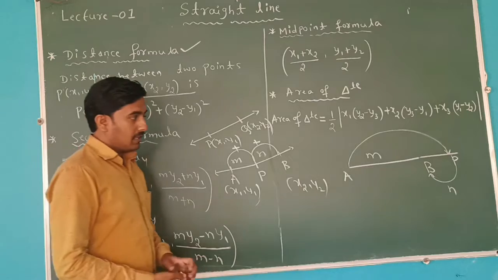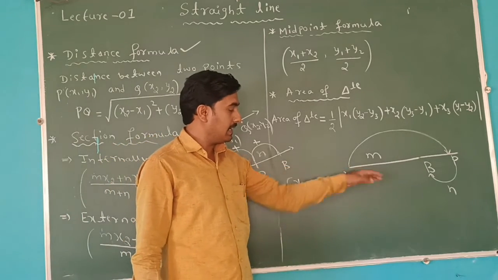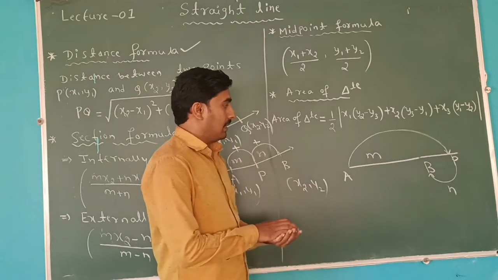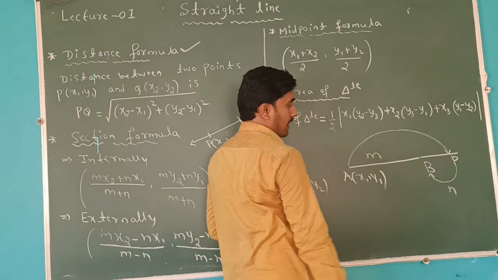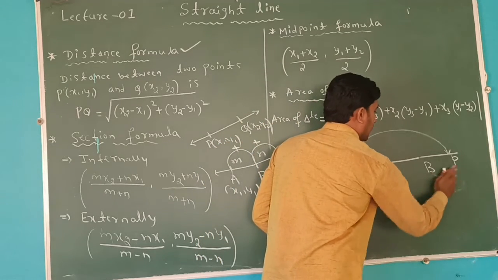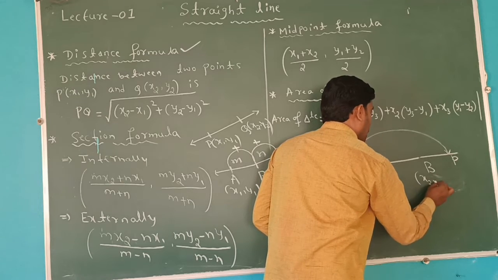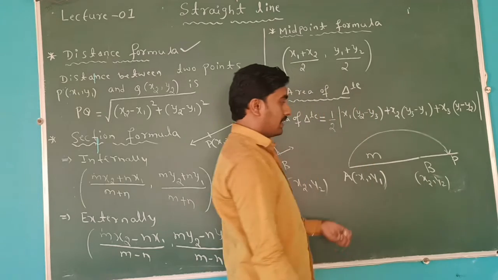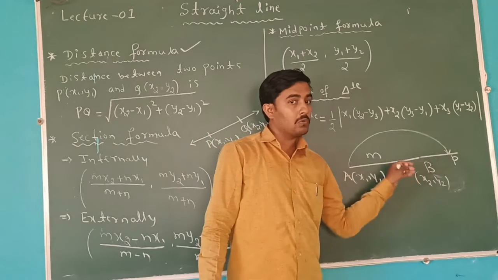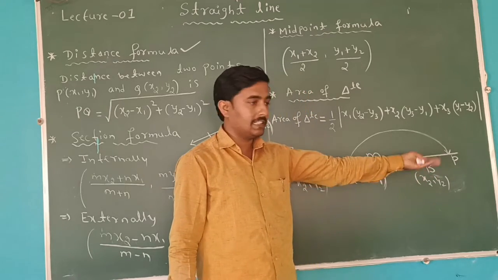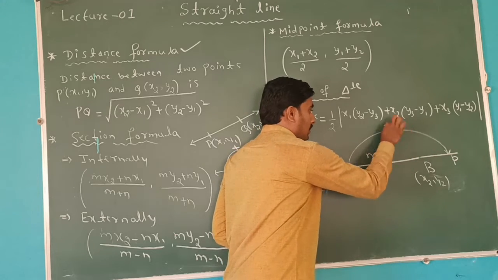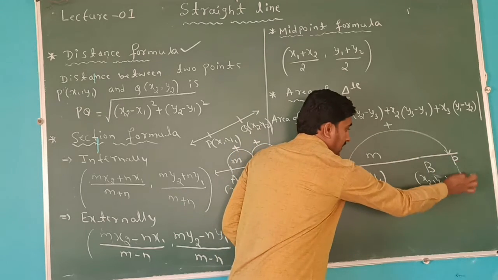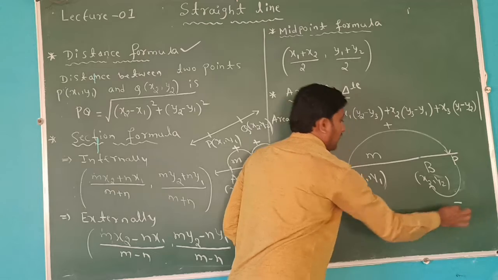When we come to the external point, this is the line AB with coordinates x1, y1 and B having the coordinates x2, y2. This is divided by the point P which is outside the line, that means externally. Then what is the direction here? This is the positive direction and this is the negative direction.